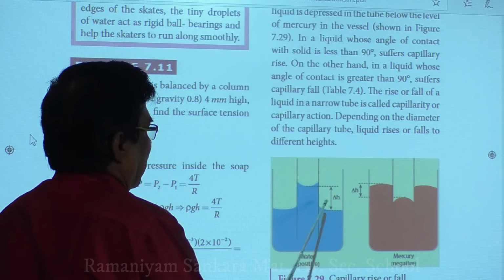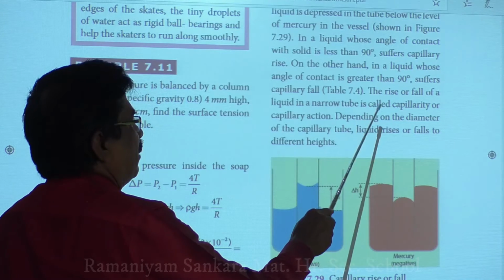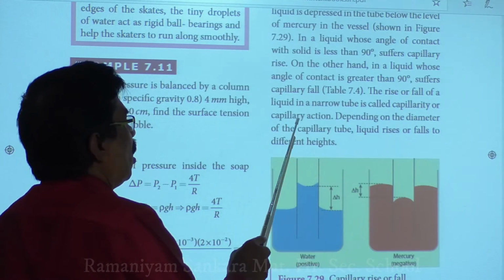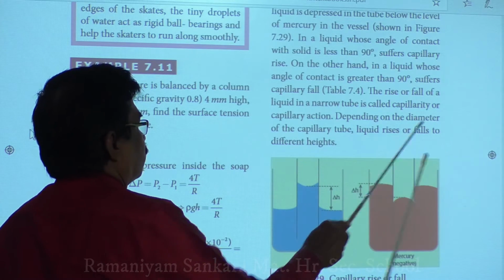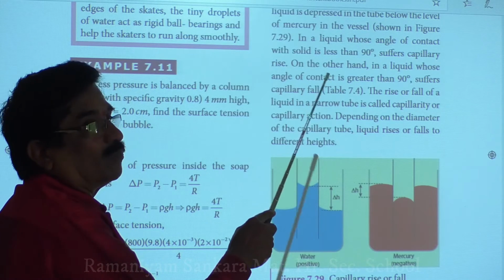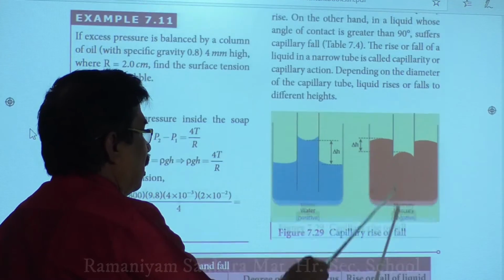This is called capillary rise. This is called capillary fall. So what is capillary action? The rise or fall of a liquid in a narrow tube is called capillarity or capillary action. Depending on the diameter of the capillary tube, the liquid rises or falls to different heights. If the diameter is smaller, the rise will be more. If the diameter is larger, the rise will be less.